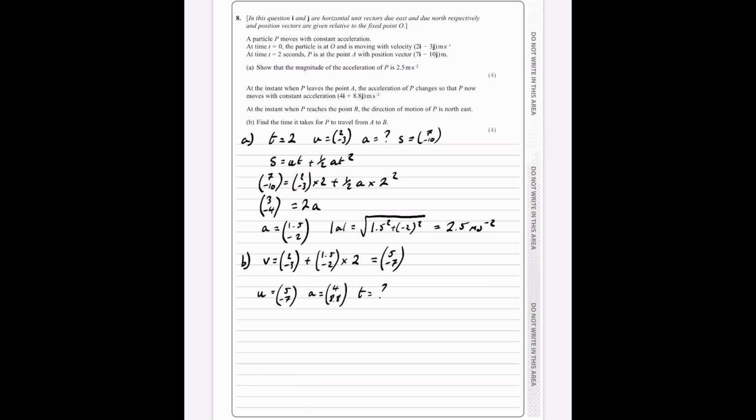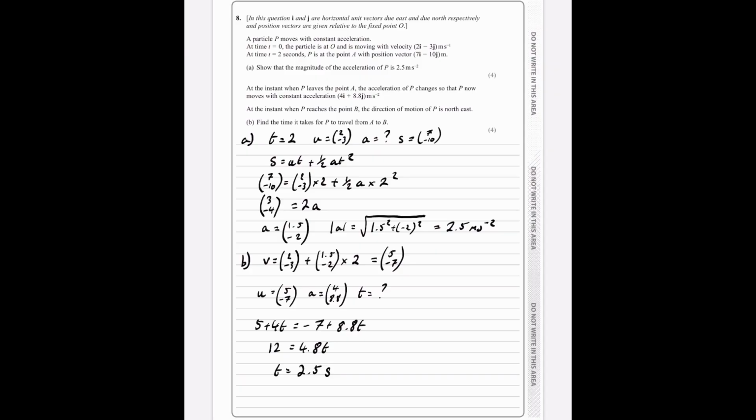So 5 plus 4t is going to be equal to -7 plus 8.8t. We're going to find the value of t at which this particle is heading exactly northeast. The x and the y parts will be the same.